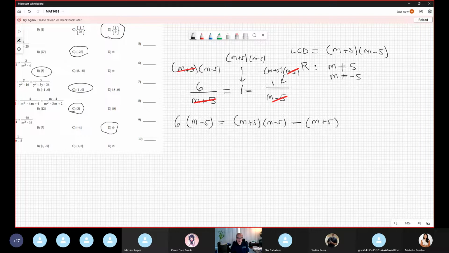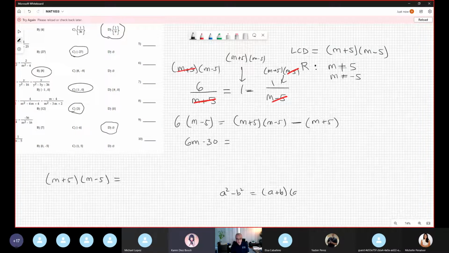Okay, distribute: 6m minus 30. Oh, the multiplication, this is easy. You can apply FOIL, but no. Well, yes, you can. But much better, in my opinion, is using the formula of the difference of squares, but backward. Normally, the difference of squares is a squared minus b squared equal to a plus b times a minus b.